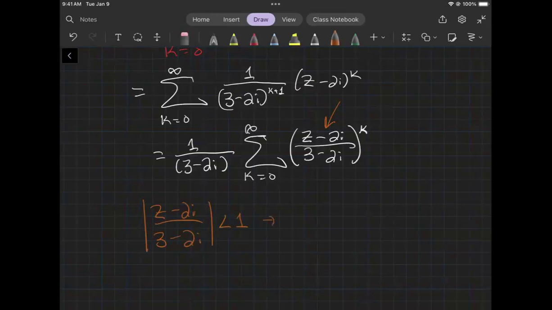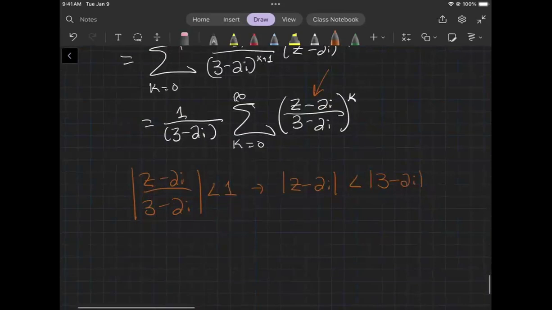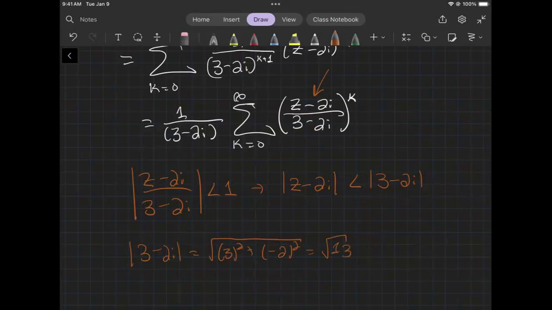And so this means that the length of z minus 2i has to be less than the length of this complex number, 3 minus 2i. The length of 3 minus 2i equals the square root of 3 squared plus minus 2 squared, 9 plus 4, so that's root 13.